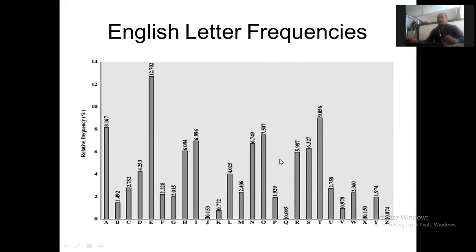This is about the English letter frequencies, which are useful for the monoalphabetic cipher.